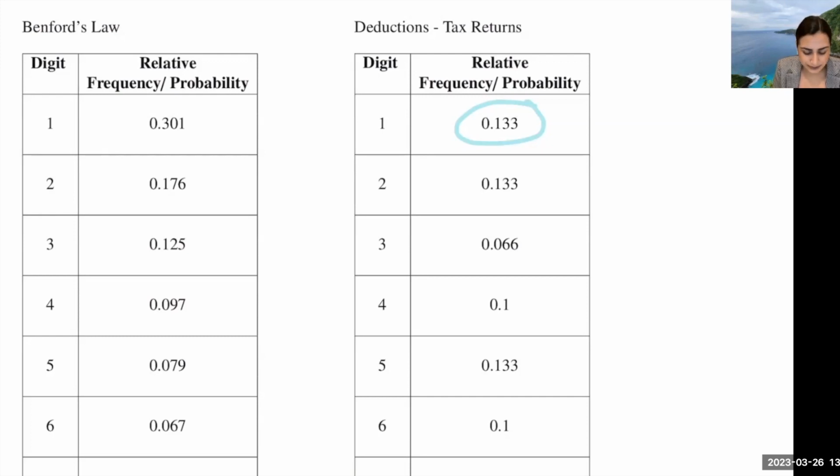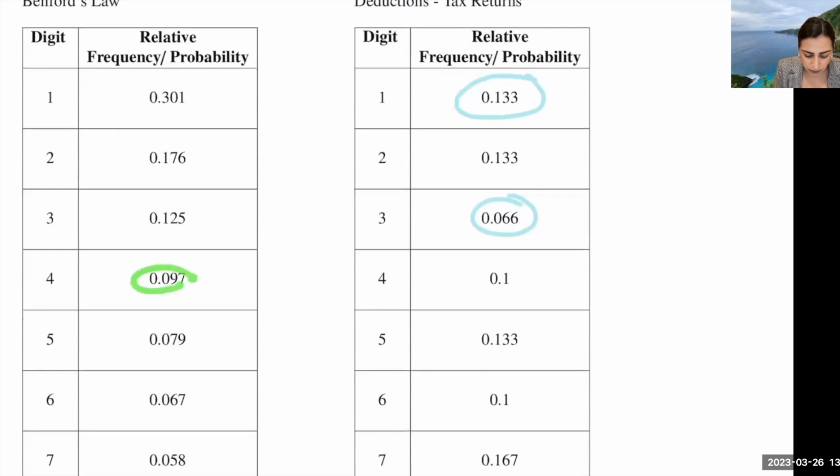For the values that start with a digit of 3, that one seems a little bit suspicious. That's like half of the amount. This one is 12.5% and this one's 6.6%. This one, if we round, is almost a 1, so this one's okay.